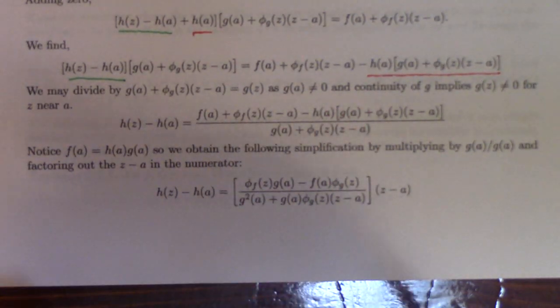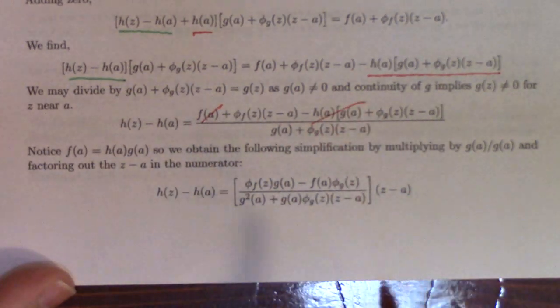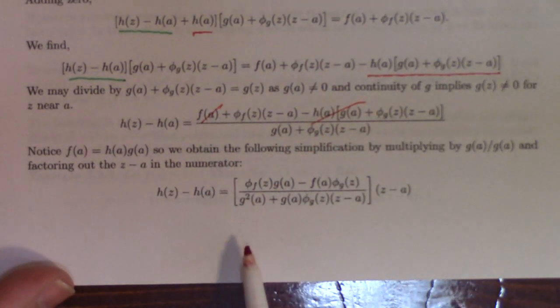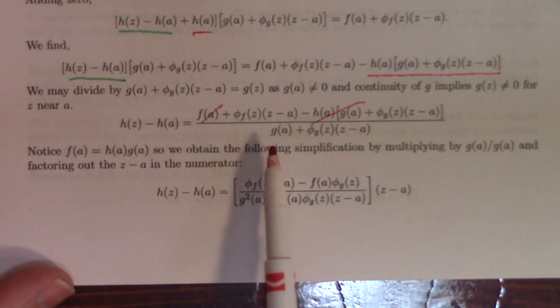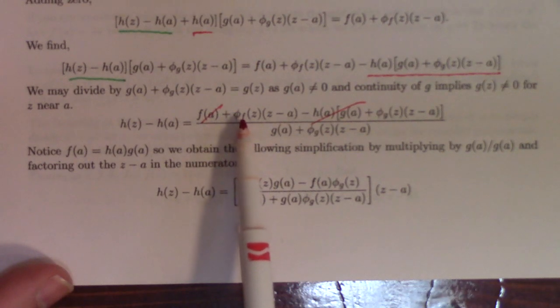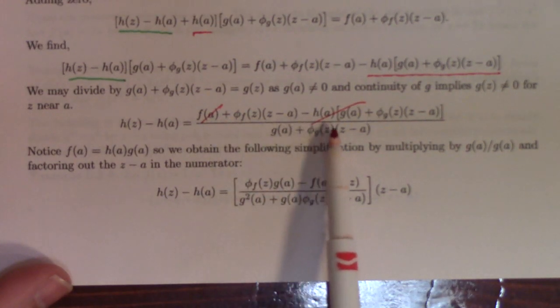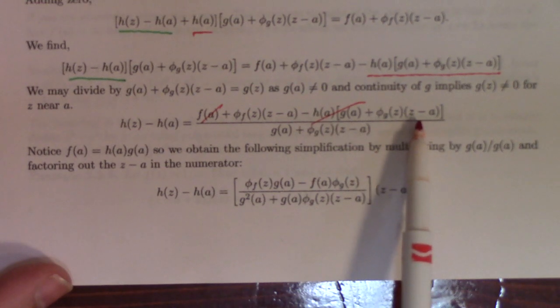So what's going on is there's a cancellation. This cancels with that, okay? And that leaves you with phi f here, and then minus phi g h of a over here.